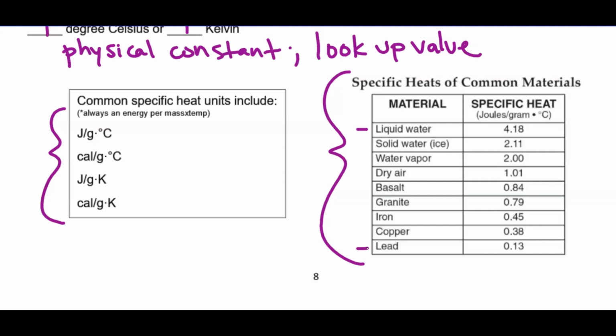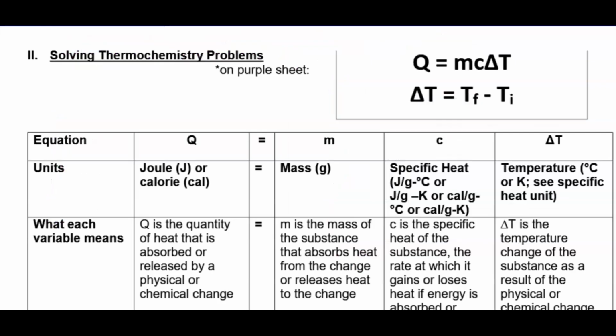Lead would heat up very quickly by applying the same amount of heat to it. It would increase in temperature very quickly compared to water. That's actually why water allows for life on Earth, because it takes so much energy to raise its temperature, which means that we moderate the temperature on Earth a lot easier than, say, if our atmosphere was made out of methane that has a much lower specific heat.